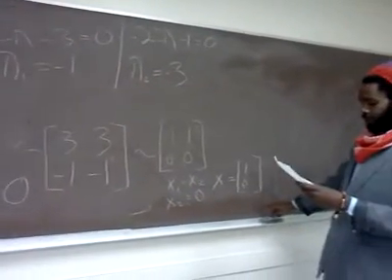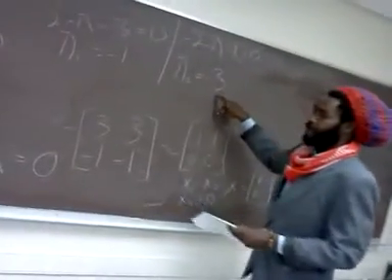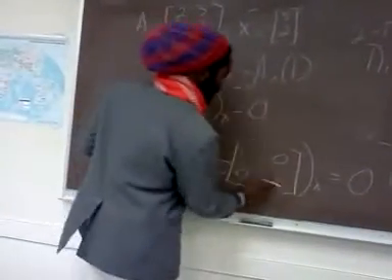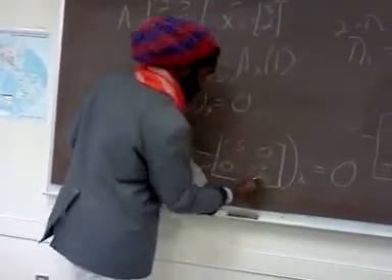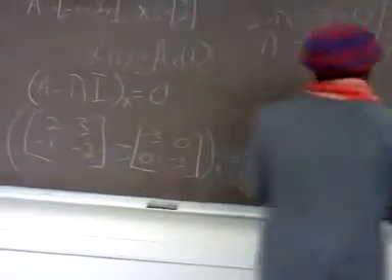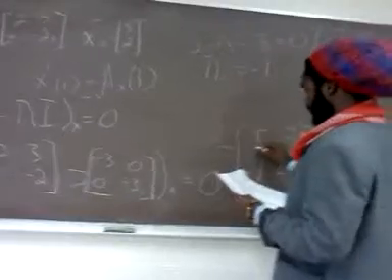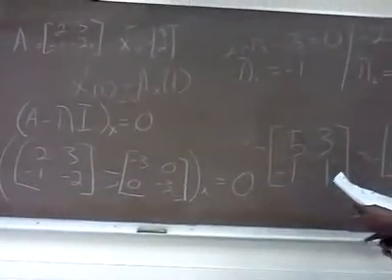Alright, so now that we have this, we need to do the same thing, plugging in the other lambda value. We're just going to take these out and plug in negative 3. So that's going to change this, giving us 5, negative 1, 3, and positive 1.